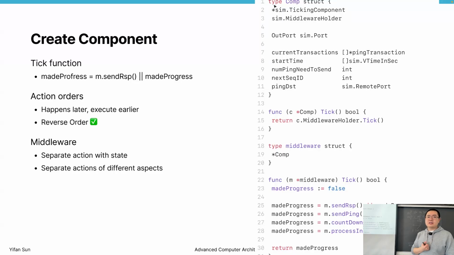I always have this concept that when we write complex, object-oriented software, we should separate state from action. So we try to have some classes that are action only and other classes that are state only. Then middleware are actions, or you can consider them combinational logic.